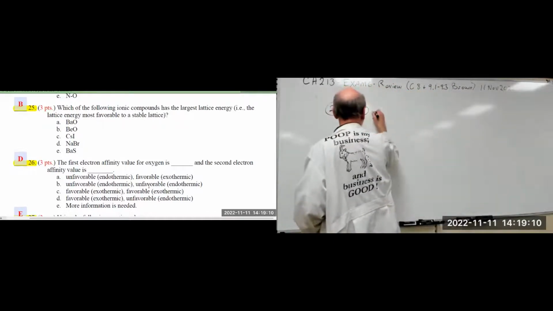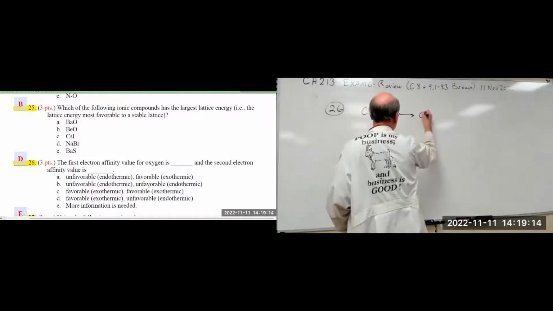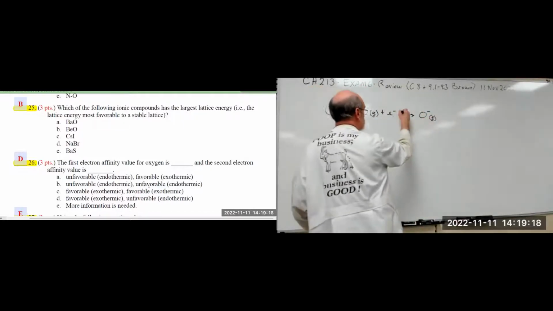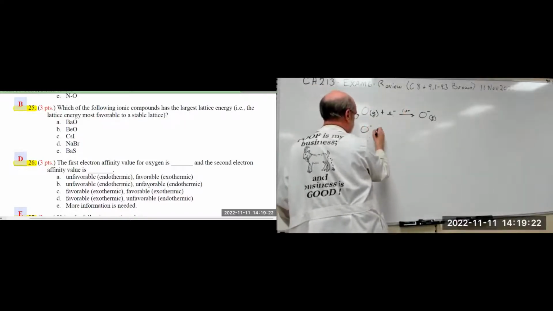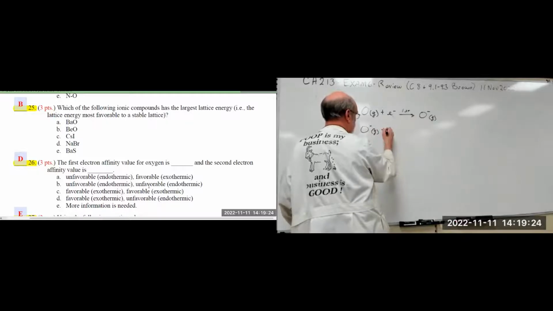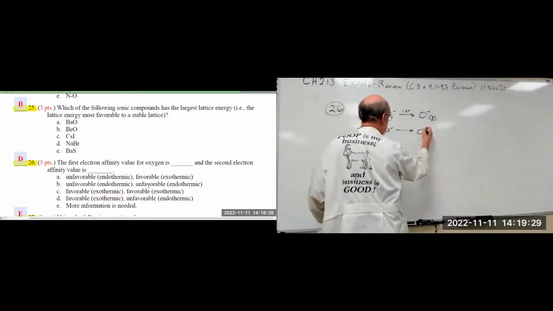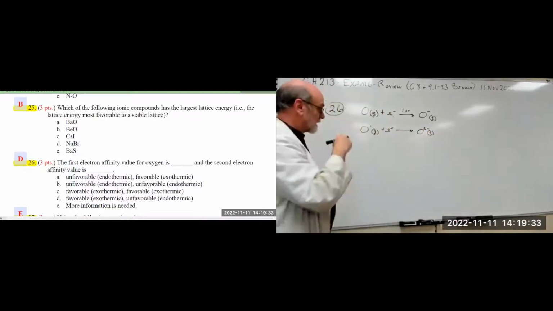So we have oxygen gas plus an electron yields O minus gas. That's electron affinity. And this one's the first. The second would be this one, gas, bring that down here, plus another electron, yields O2 minus gas.